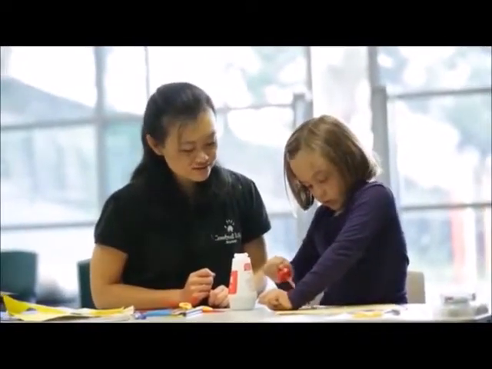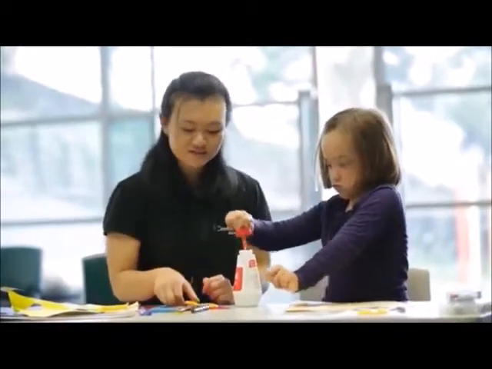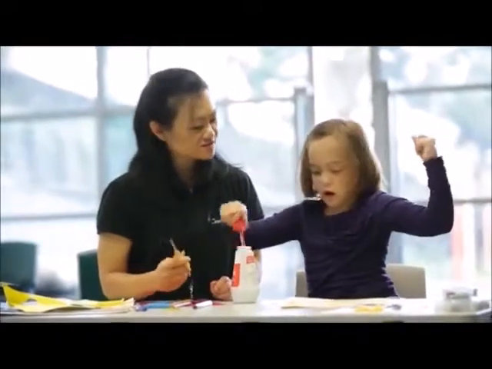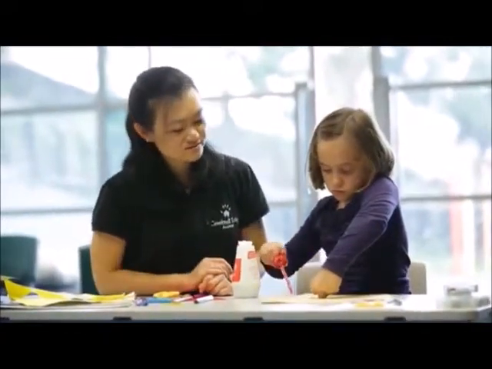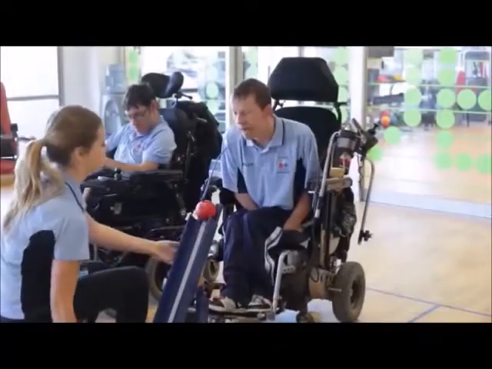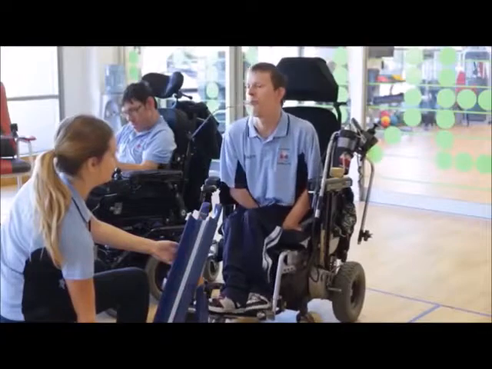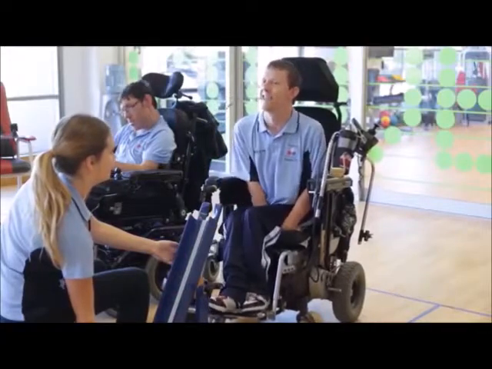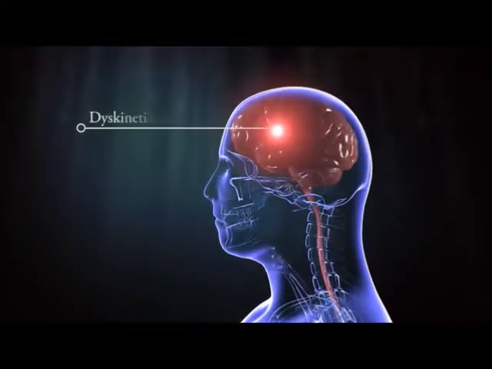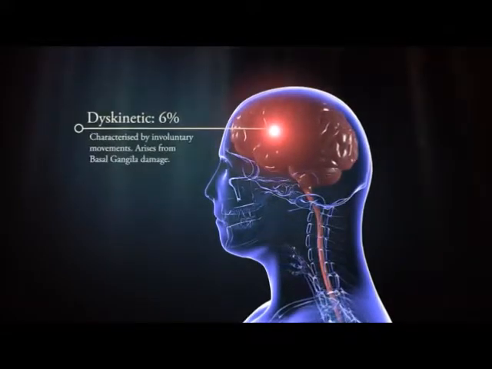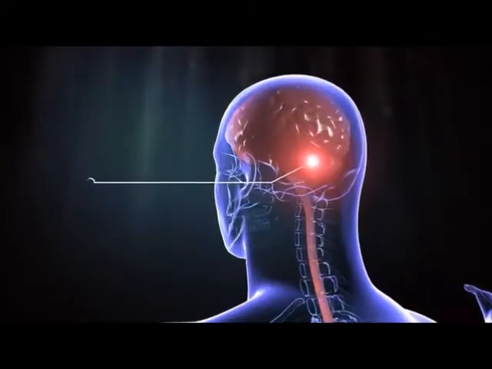Dystonia results in unusual twisting postures, repetitive movements or sometimes both. Dystonia can present in one part of the body, such as an arm or foot, or throughout the whole body. With athetosis, we see slow, continuous, involuntary writhing movements that are present at rest and made worse by attempts to move. Around 6% of people with cerebral palsy have dyskinesia, with dystonia more common than athetosis.